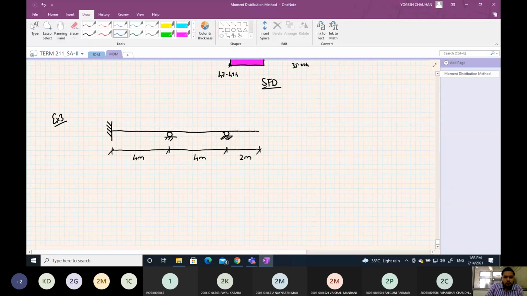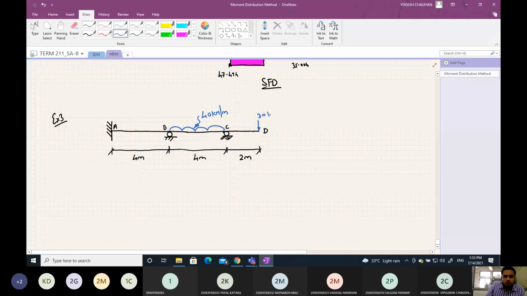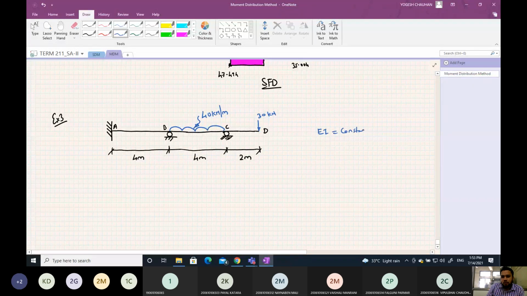There is a UDL on this span, 40 kilonewton per meter. Let these be A, B, C, and at D we have a point load of 30 kilonewton. Okay, and EI is constant for all the members.